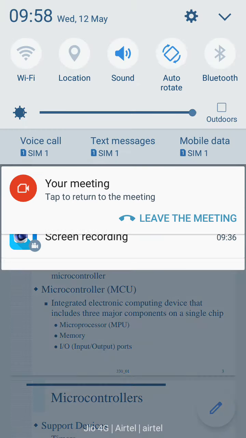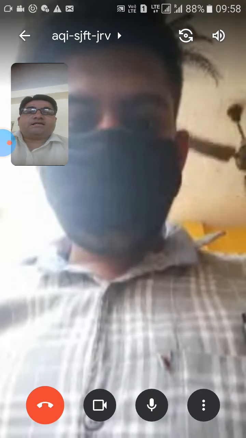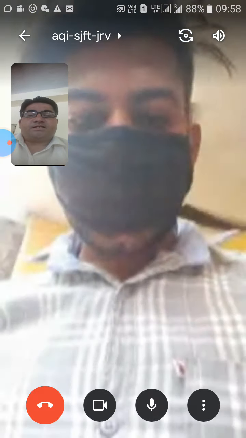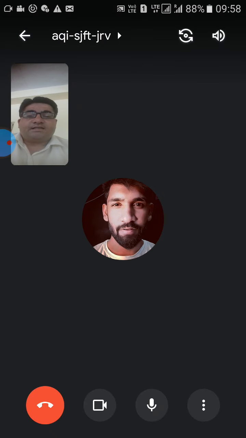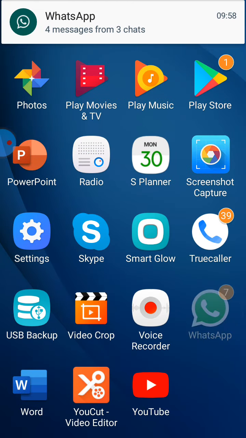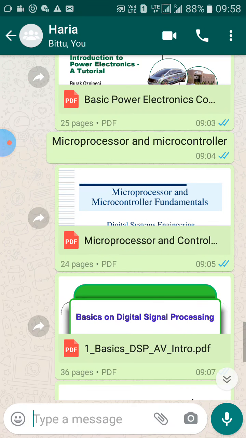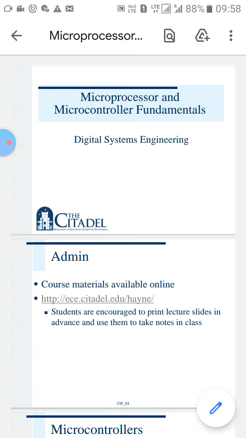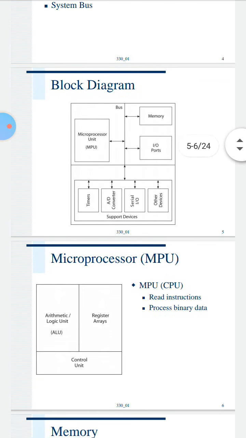When you study this block diagram and the system architecture, you come to know that the block diagram of the microprocessor is very easy to understand, while the architecture is not so easy, because in the architecture we have so many things.